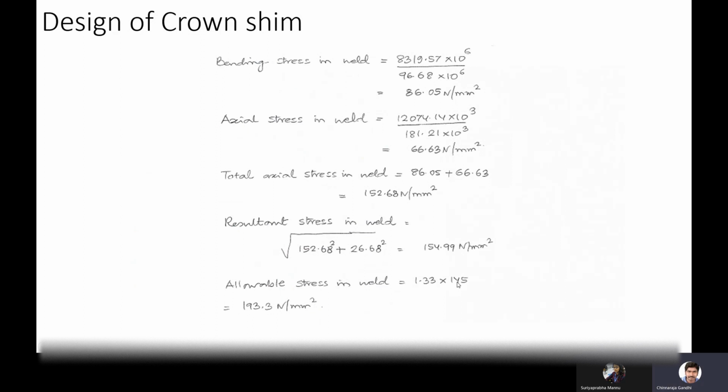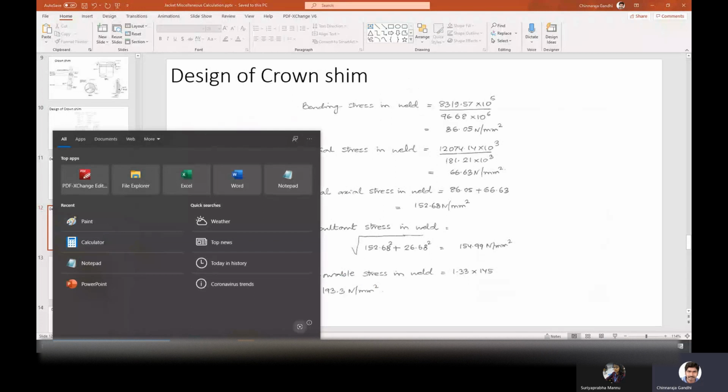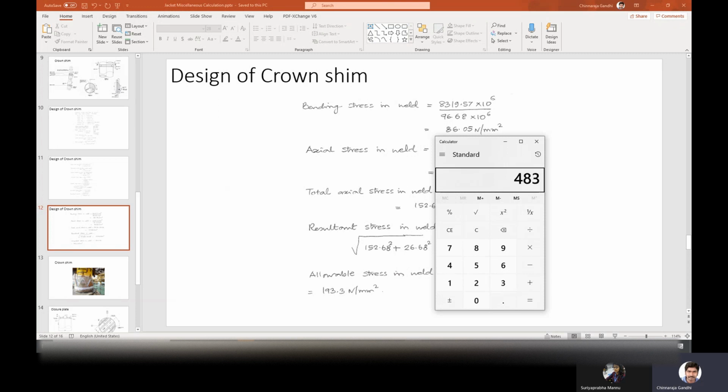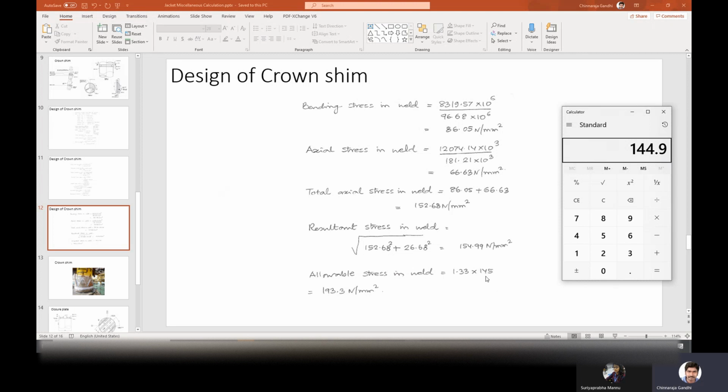So if you multiply, we know that the 70 electrode KSI is 483 into 0.3. It is coming to 144.9. 145 into 1.33 is 192.7, which is 193.